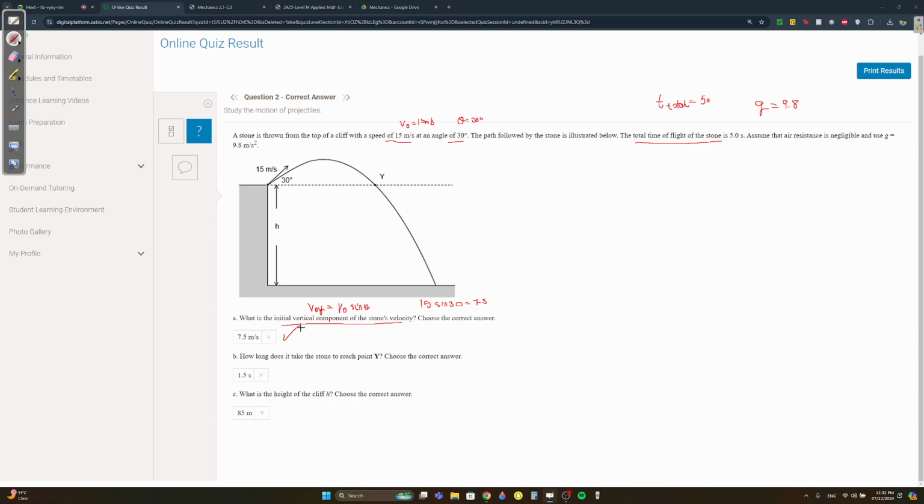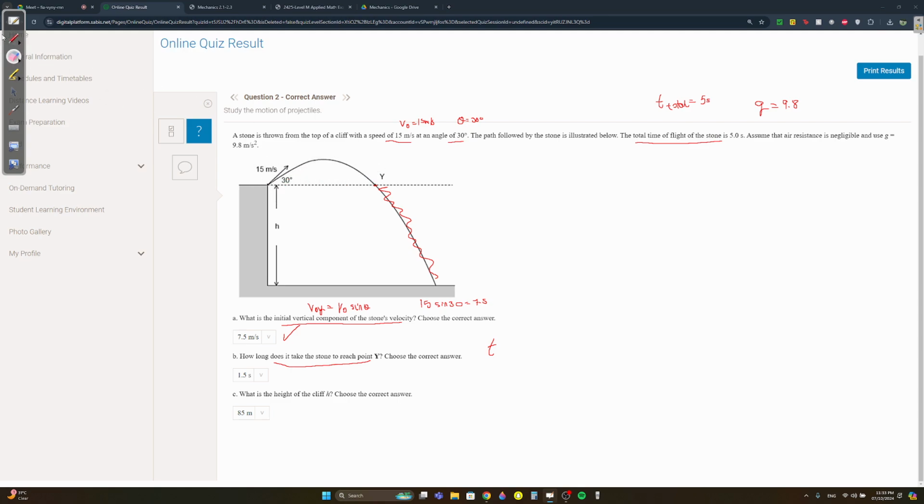How long does it take the stone to reach point y? So we want the time. Some people will be like, how are you gonna do it? No way. Let's forget about this bottom part here, and let's look here. Y is at the same height as our initial point, right?